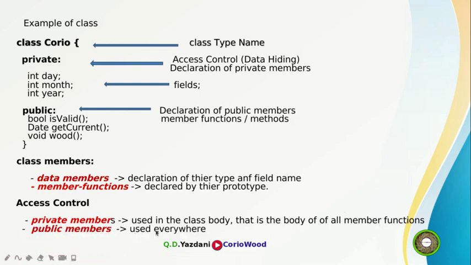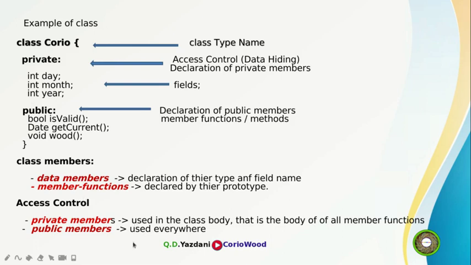Public members are used everywhere. So for the class, there are just 2 points to remember: the class members and access control. The class members contain data members and member functions. The access control is the private members and public members. So this is the private members and this is the public members.